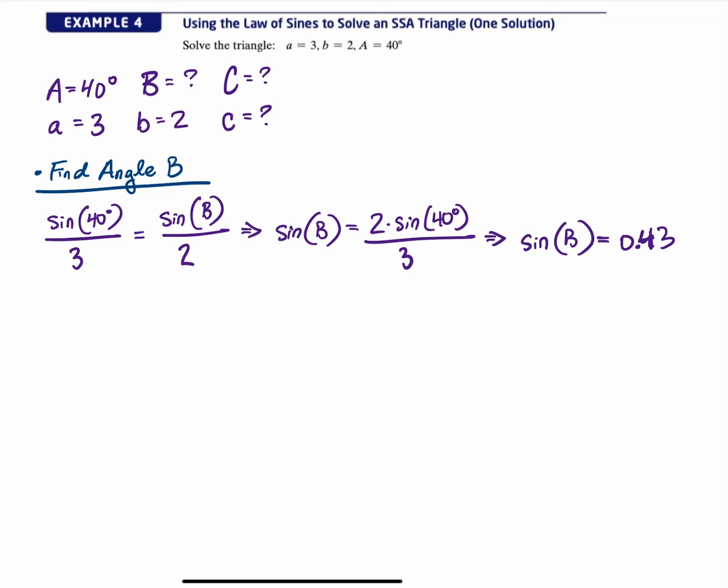But something to note is that there's actually two angles that can possibly produce this value. When we take the inverse sine of both sides, which is what we can do to find B, keep in mind that the range of the inverse sine will only give us values between negative 90 degrees and positive 90 degrees.